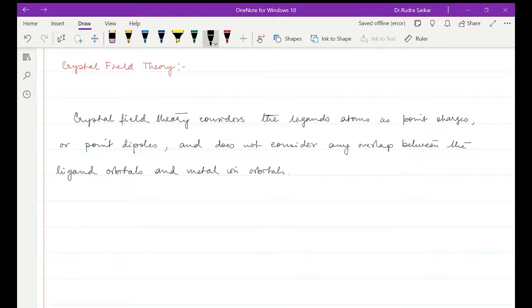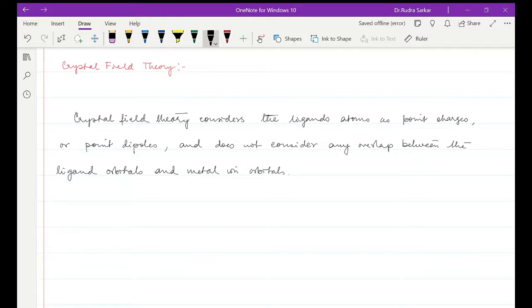Now, had it considered an overlap between the ligand orbitals and metal ion orbitals, then this would be called ligand field theory and not crystal field theory. Okay. So what are we proposing here? We are saying that there is a metal ion in a complex and it is surrounded by coordinating ligands or negative ends of a dipole.